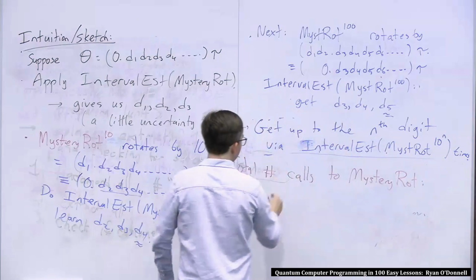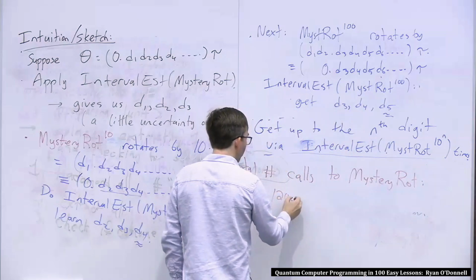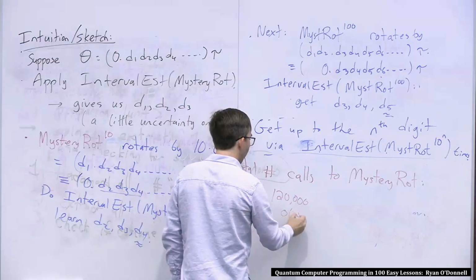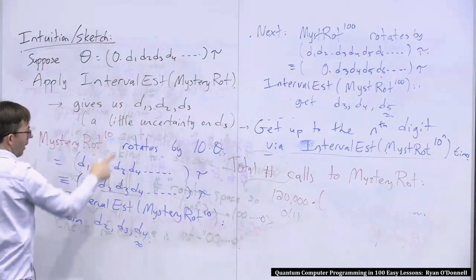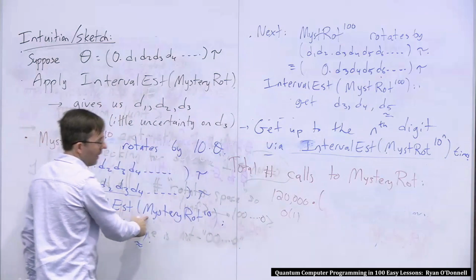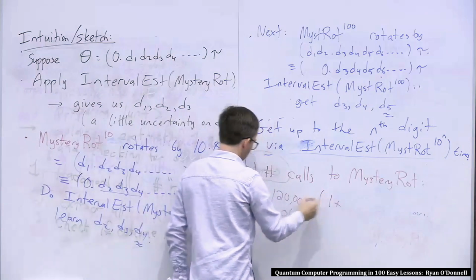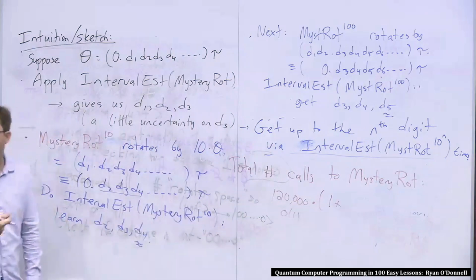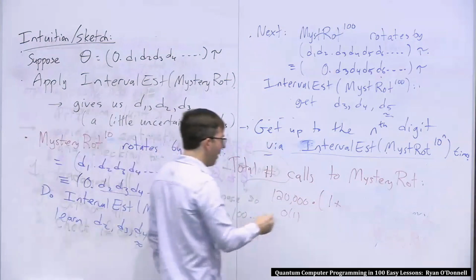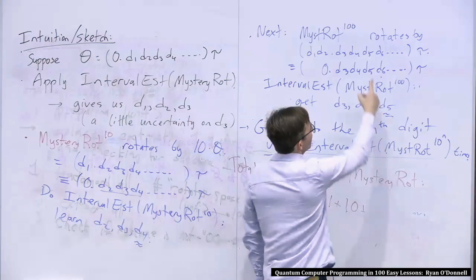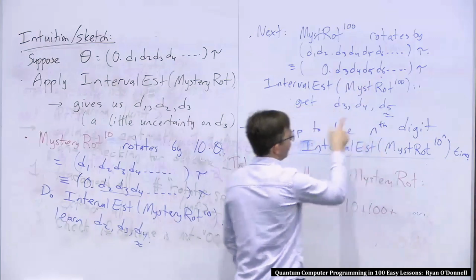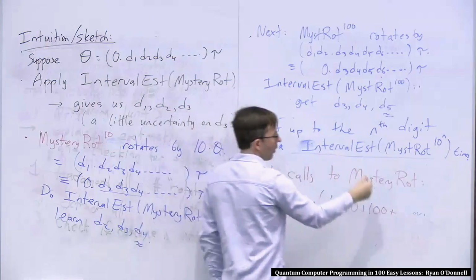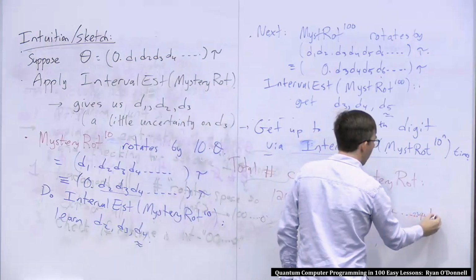Well, every time we do interval estimate, it's like some 120,000, but okay, that's a constant. But then we do it on mystery rot. We do it on mystery rot to the 10, but to implement this, you just have to run the code for mystery rotation 10 times in a row. So that's 10. And to implement this, you have to run the code for mystery rotation like 100 times in a row. And then you have to run it 1,000 times in a row. And at the very end, you have to run it like 10 to the n times in a row.